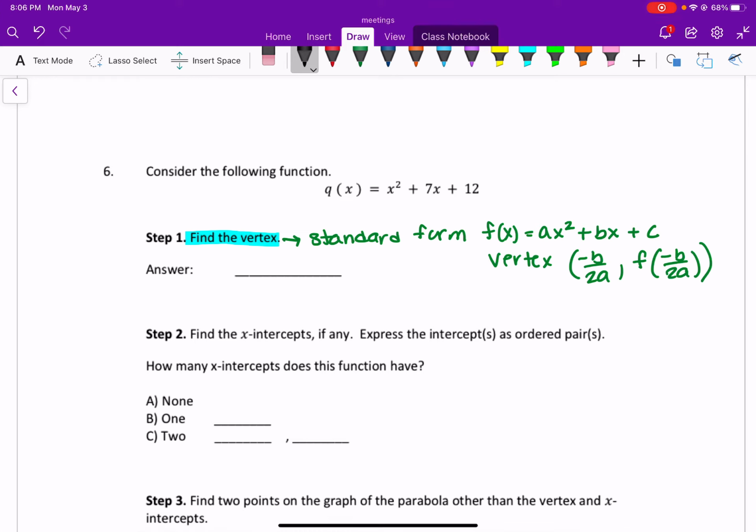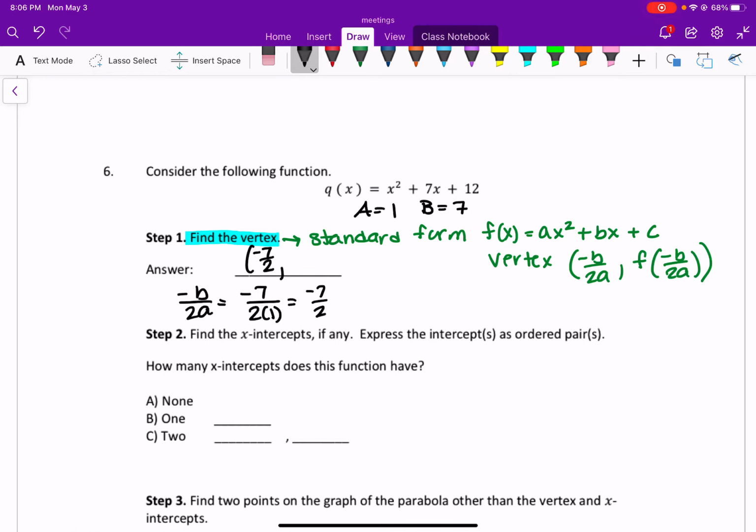So starting off, we're going to do negative b over 2a. For our problem up here, a is 1 and b is 7. So we get negative 7 over 2 times 1, or negative 7 halves. So there's our x value, negative 7 over 2.